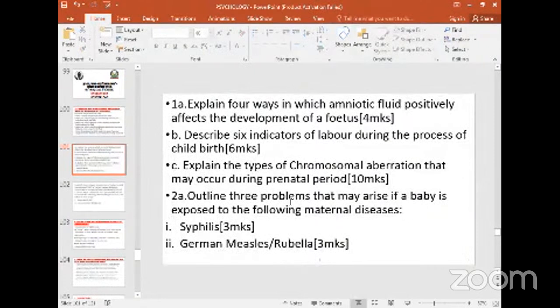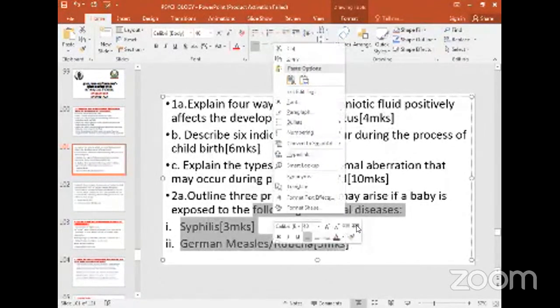What about that? Is the screen now okay? It is now. Kidogo, size 40.